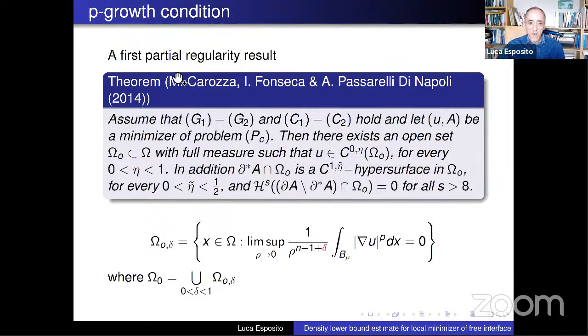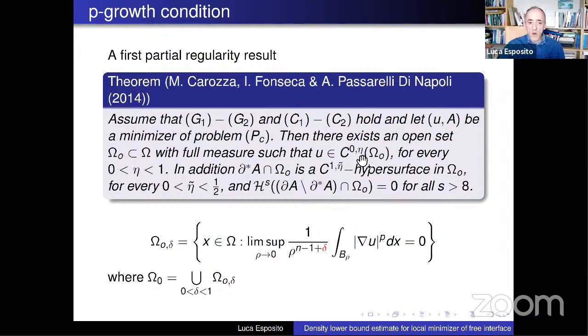What does it mean, partial? It means that you don't prove the regularity in the whole omega, but you take an open set inside omega with the same measure. To be precise, the Lebesgue measure of the difference between omega and omega 0 is 0. And inside this set omega 0, you prove the regularity.